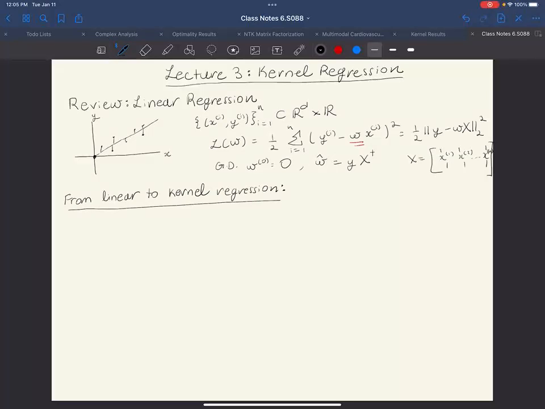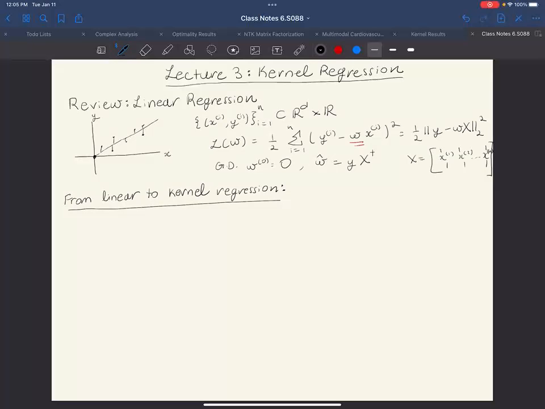But instead of making this class of functions nonlinear through the parameters w, we're going to apply a nonlinear transformation to our data. We're going to take our data, apply some feature map to it, and then solve linear regression in this transformed space.